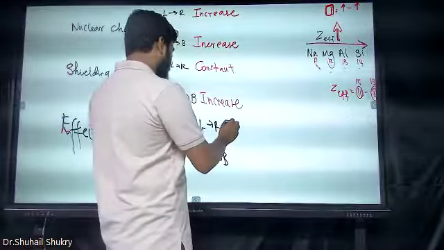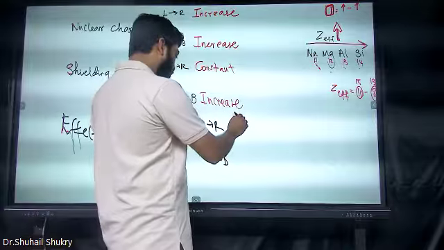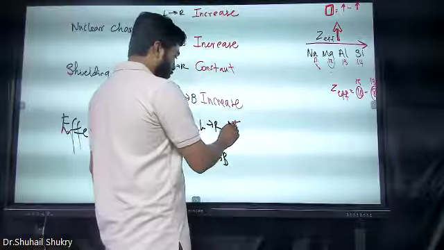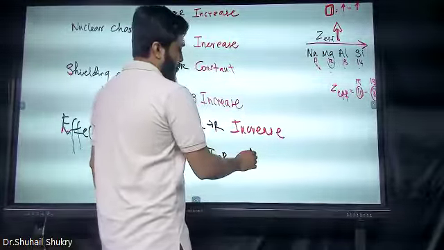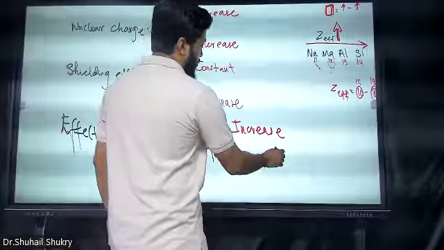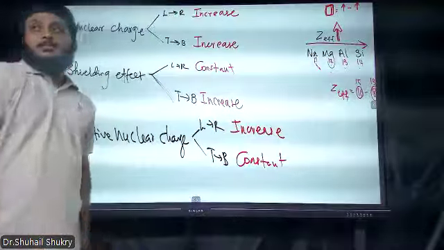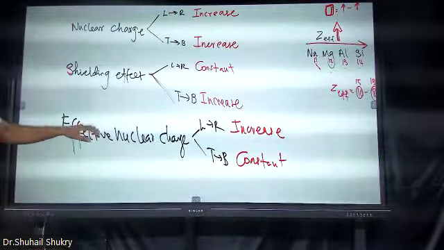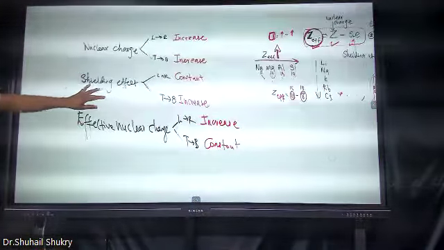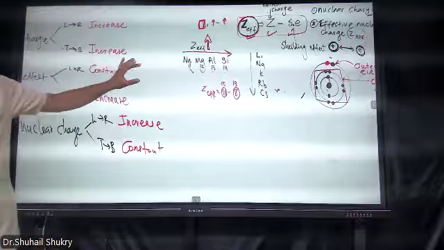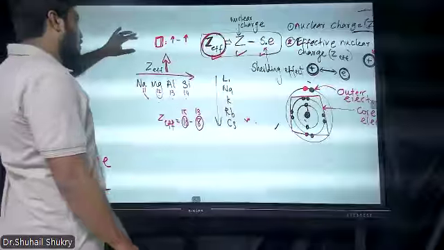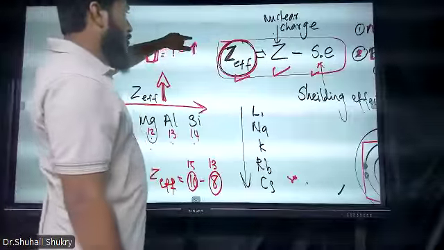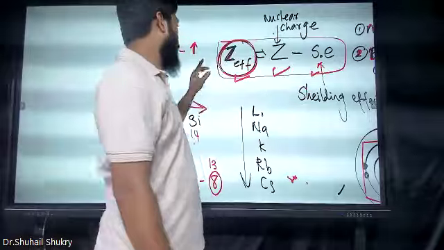Effective nuclear charge from left to right will increase. Is it clear? Right. What will you write for the effective nuclear charge? No, let's try it like this. Let's write the overview.